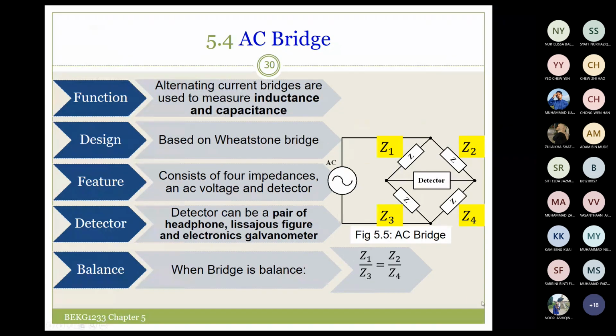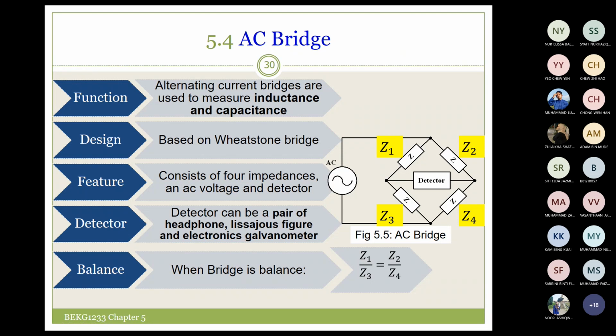Compared to the DC bridge, the AC bridge is used for alternating current, and you can see in this figure that the source is AC, which can be used to measure inductance and capacitance.